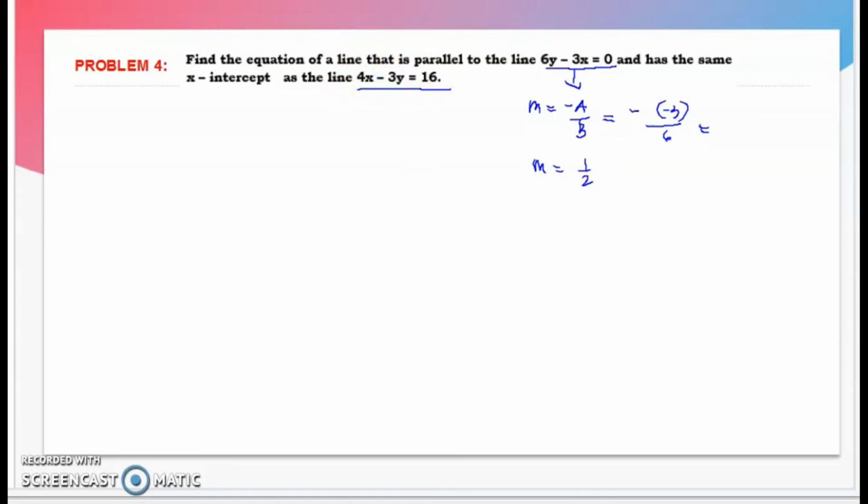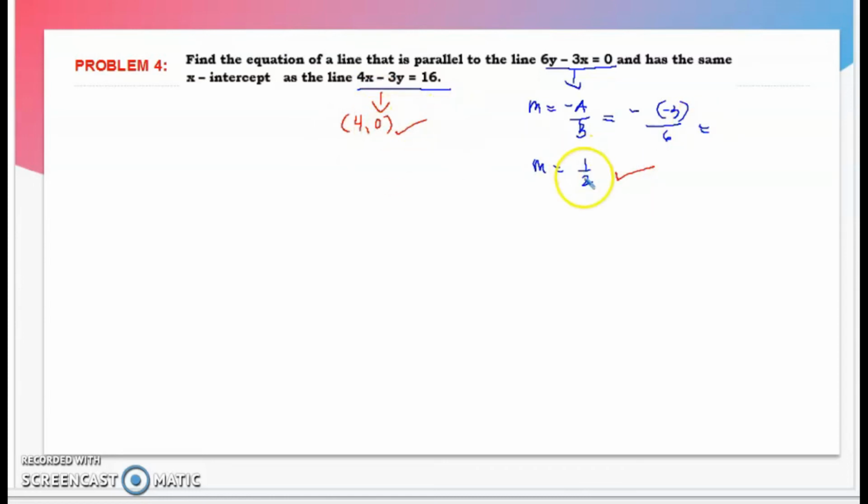So, get the x-intercept of this line. So, what is the x-intercept of this line? So, it's (4, 0). Now, we have the x-intercept and the slope.